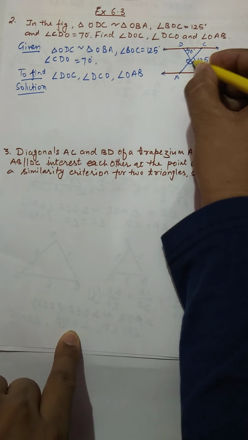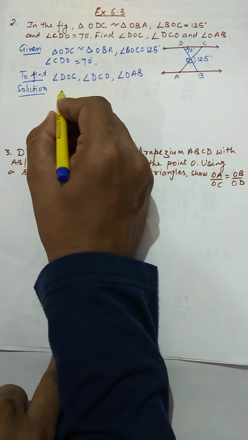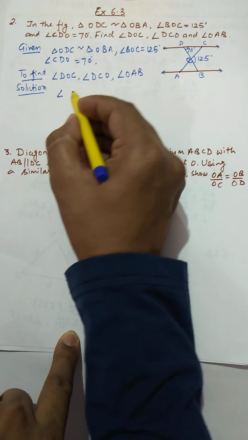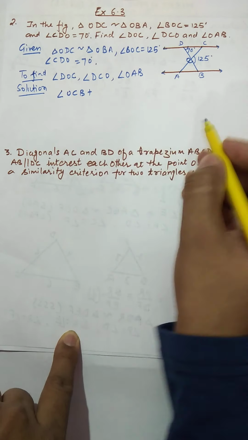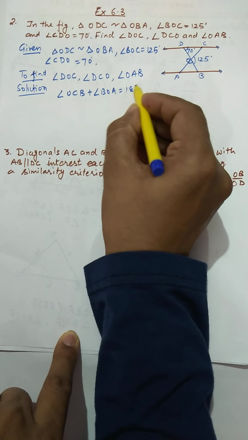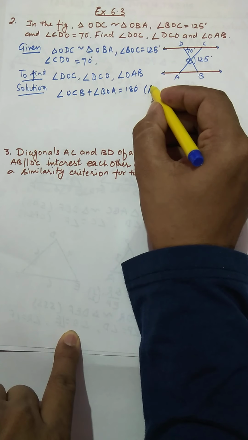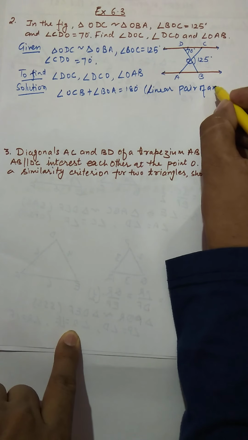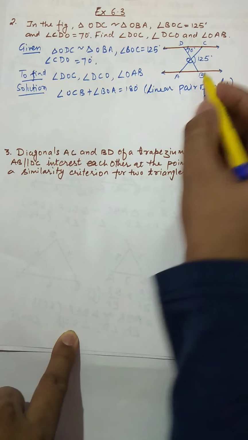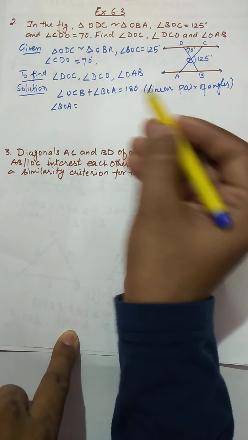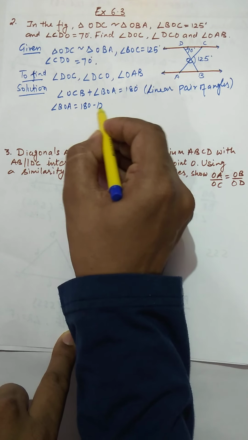So now I am using this thing, that angle OCB plus angle BOA is equal to 180 degree. I am using the linear pair of angles criteria. So now if this is 125, then this BOA is going to be 180 minus 125.